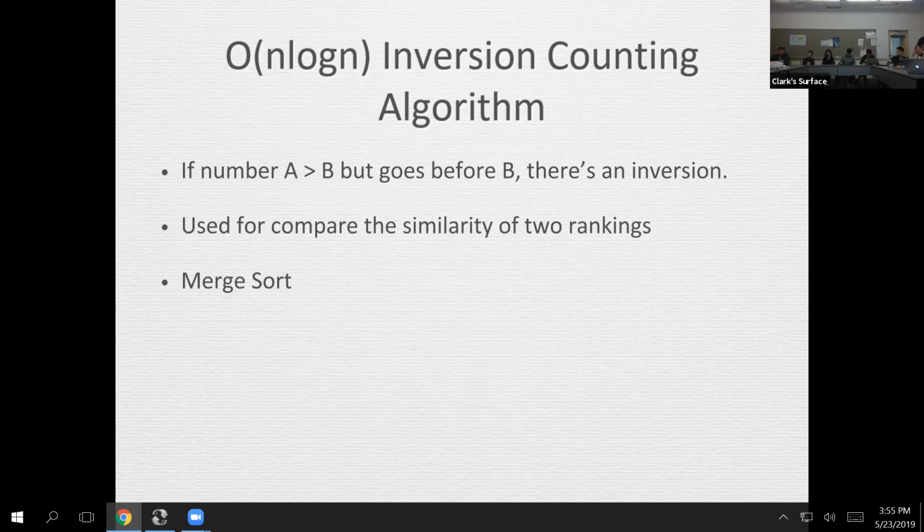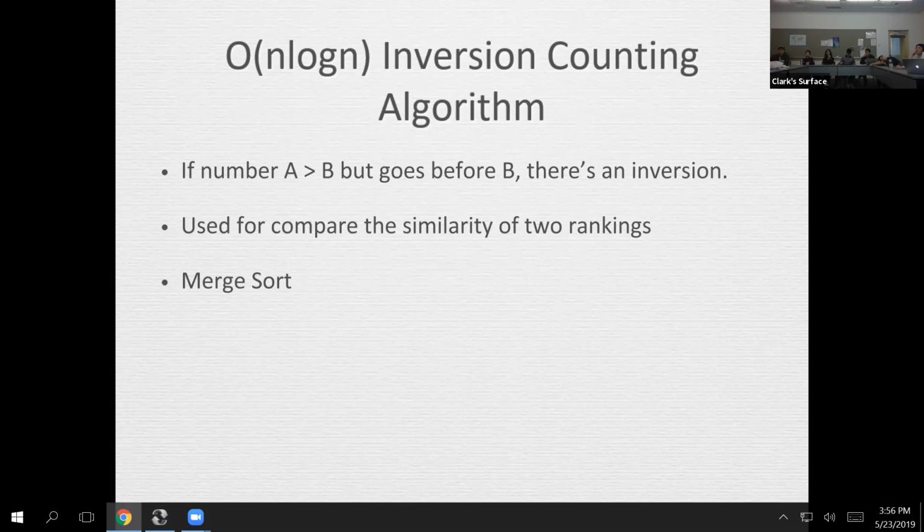So using inversion counting, you can actually get a number for the similarity. So for example, we have an array like this and an array like this. So you can see it has one inversion here. It has one.